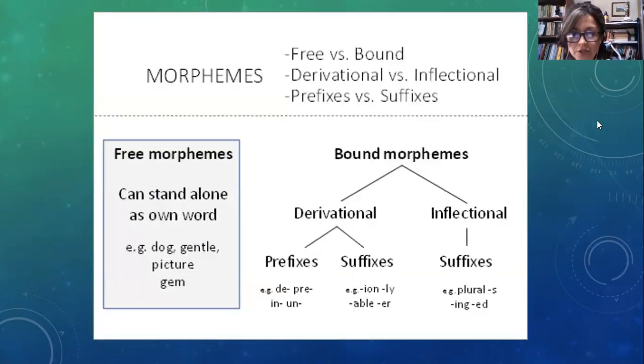In the illustration, we can see another kind of morphemes. Those are derivational and inflectional. This is an important category because inflectional morphemes change what a word does in terms of grammar, but do not create a new word.